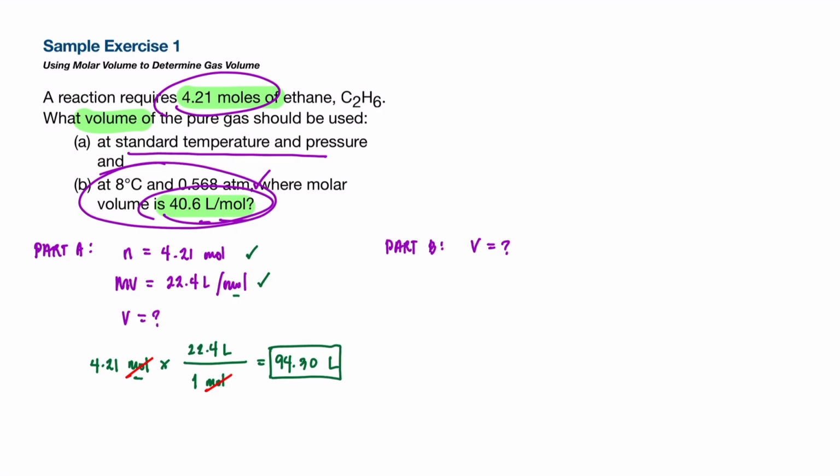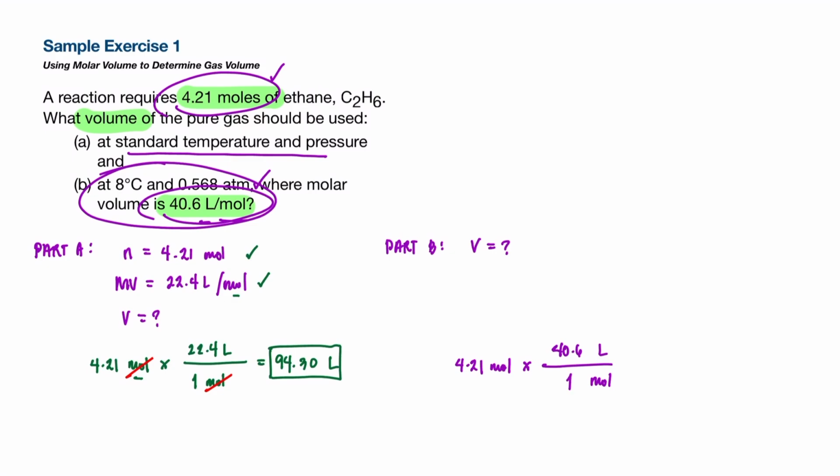Again, starting with our initial value, which is 4.21 moles of ethane multiplied by the conversion factor. Since we are looking for the volume, our desired unit must be liters, and your denominator will become the mole. Then you will put 40.6 liters over 1 mole.